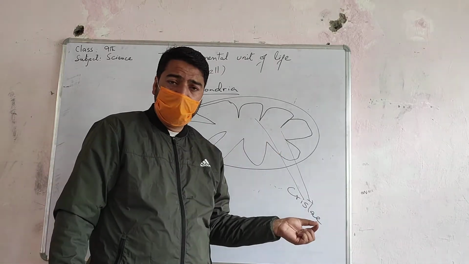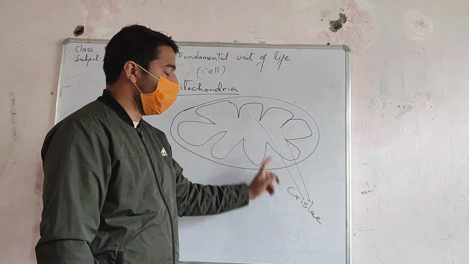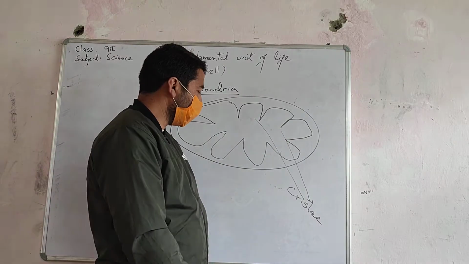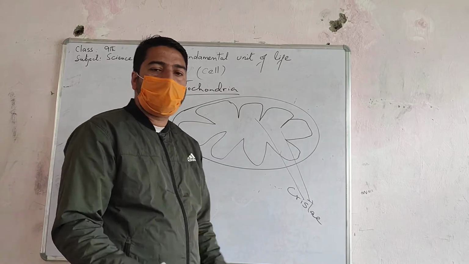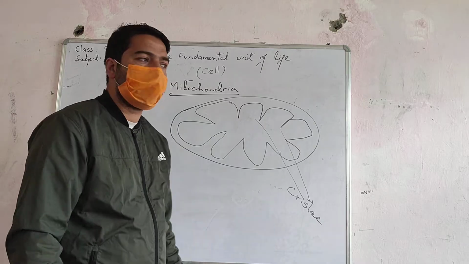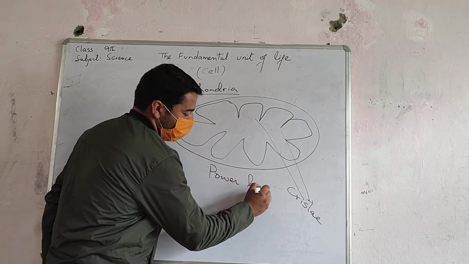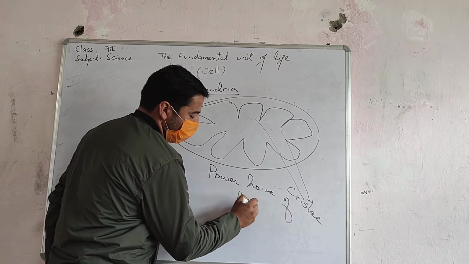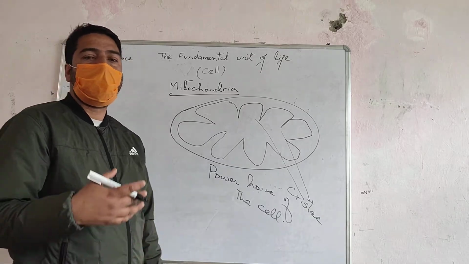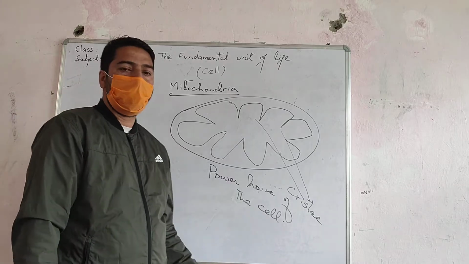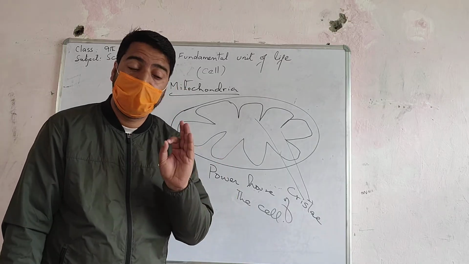The inner membrane is enfolded into many foldings, and these foldings we call cristae. Mitochondria is also known as the powerhouse of the cell. Why is it called the powerhouse of the cell? We must know why mitochondria is called the powerhouse of the cell.